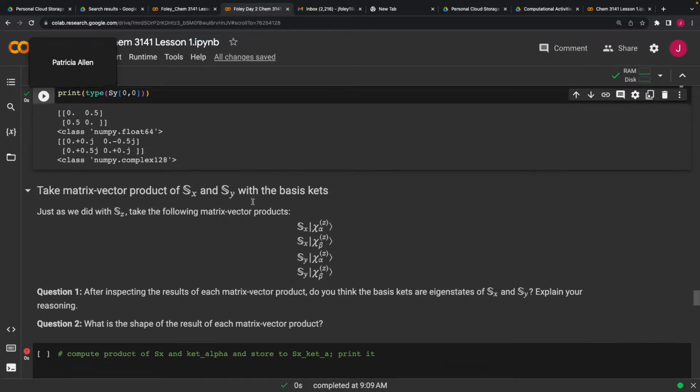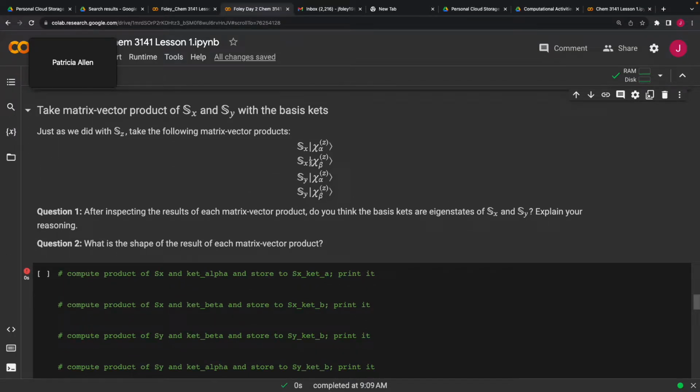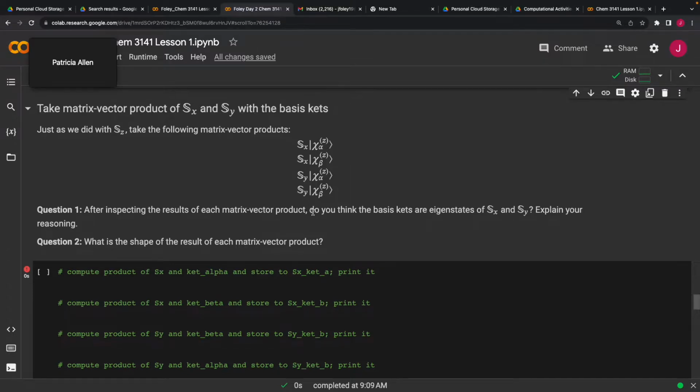Okay. So now, all right. Here's going to be the real test about the properties of SX and SY. What we're going to do is we're going to take our kets from before, right? We had ket alpha and ket beta, where we have already confirmed that ket alpha was an eigenvector of the matrix SZ, and we have already confirmed that ket beta was an eigenvector of the matrix SZ, right?